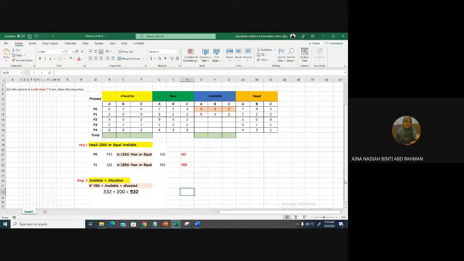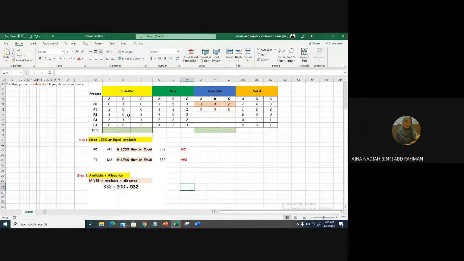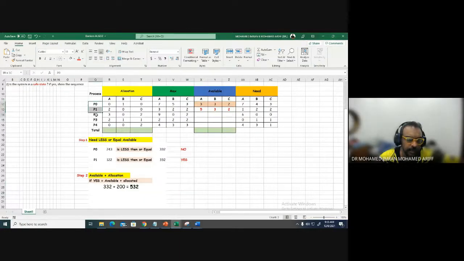Nampak tak? Yes, sir. Okay. So, ada 4 proses kat sini. Sorry, 5 proses kat situ. And these are the columns available. Allocated, maksud dia apa yang telah diberi kepada proses tersebut. Maximum means it needs 7 resources to complete. It needs 5 resources to complete.